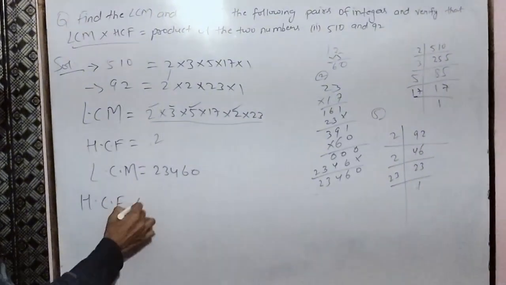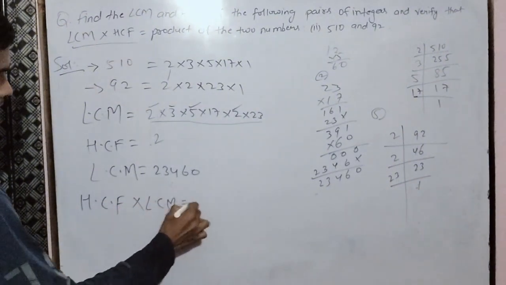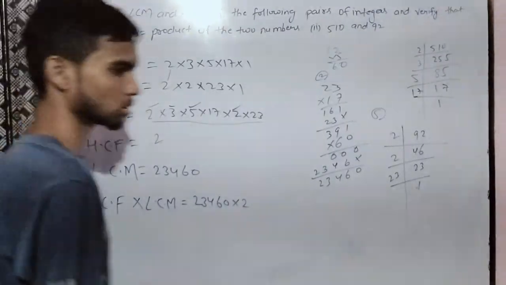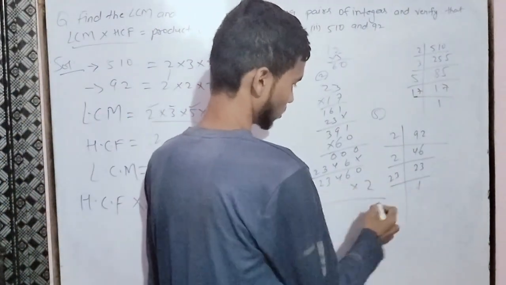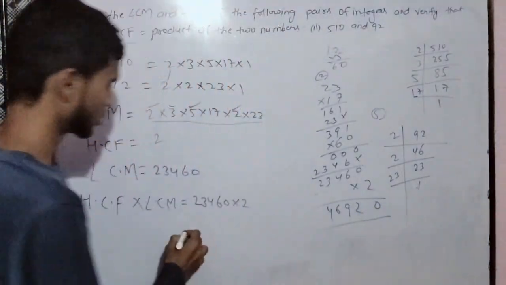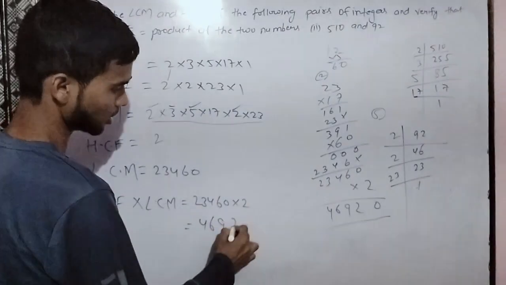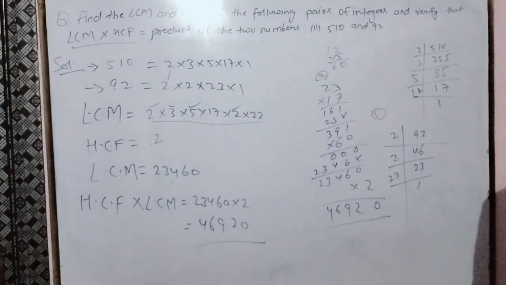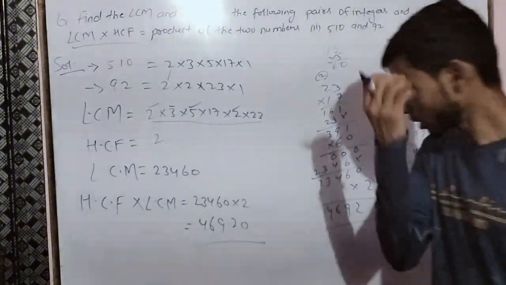So what is the final answer? 2 3 4 6 0 multiplied by 2. So the final answer is this number, 46,940. Now, next question.